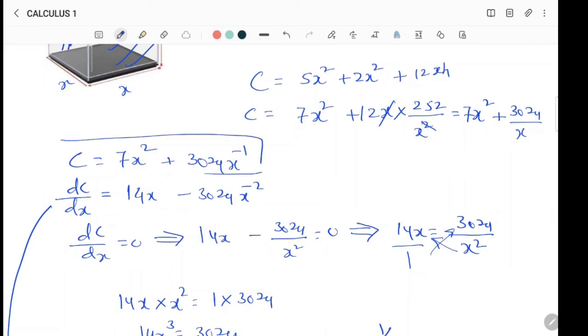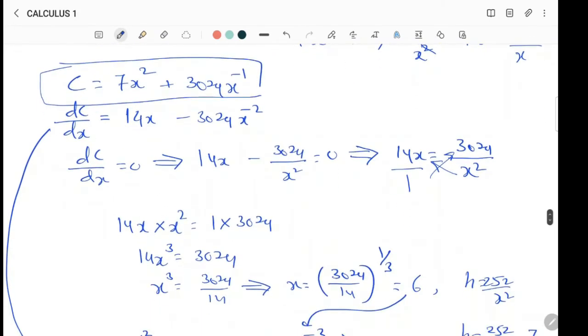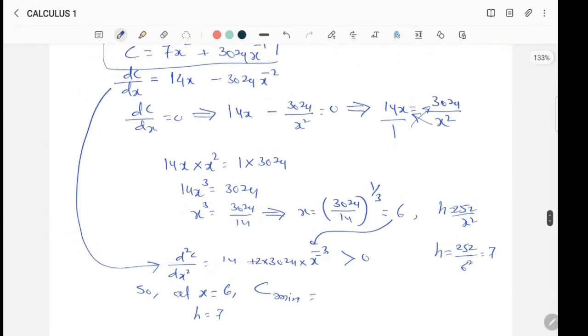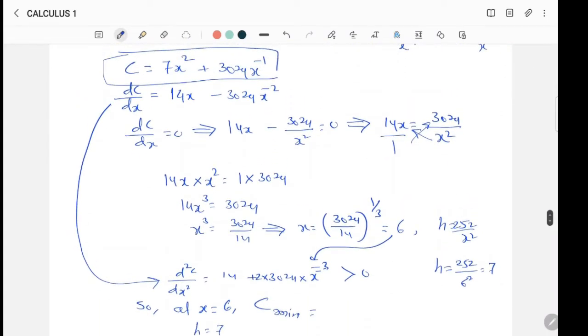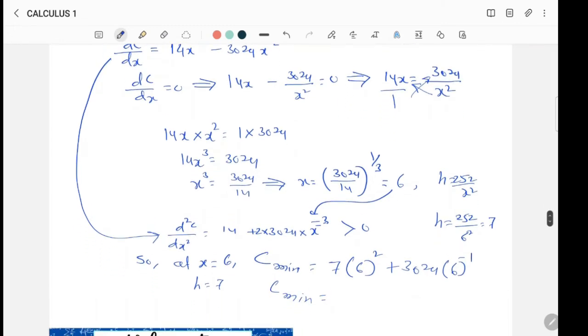What is the c expression? This one, right? We can get the minimum when we put x equals 6. So 7 times 6 square plus 3024 times 6 to the power minus 1, right? One more time.